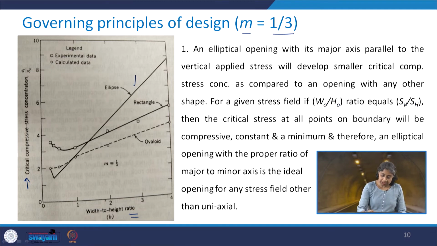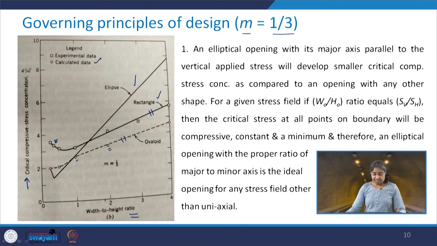One is for ellipse, this is for rectangle, and this dotted one is for the ovaloidal shape of the opening. Some of the points that you are seeing as a rectangular legend are the experimental data, and the remaining round or circular legend is the calculated data.